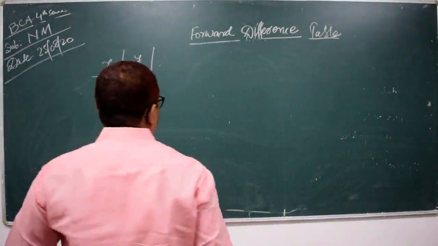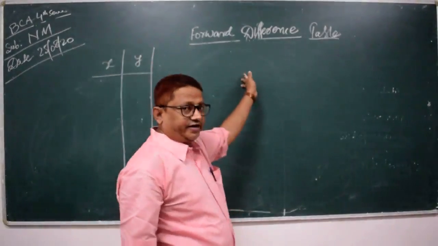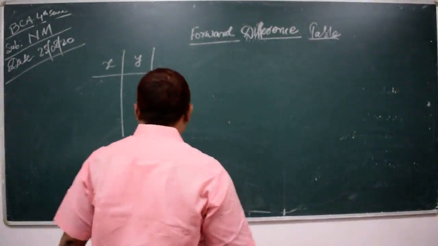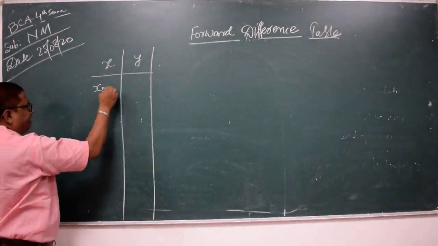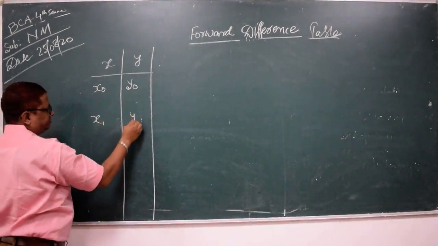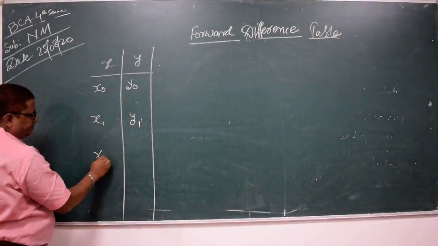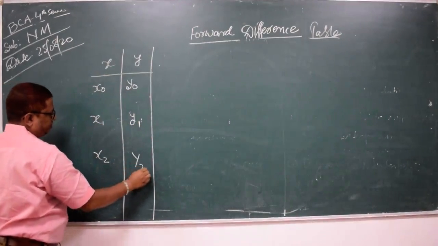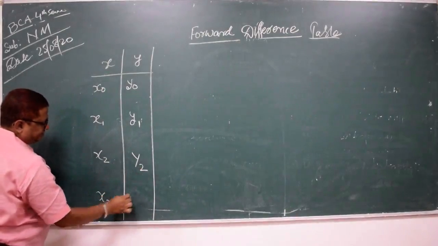Here the forward difference means the equal part. Forward difference table means the equal part. Here we are mentioning the variables in terms of the values x0, y0, x1, y1, x2, y2, x3, y3.